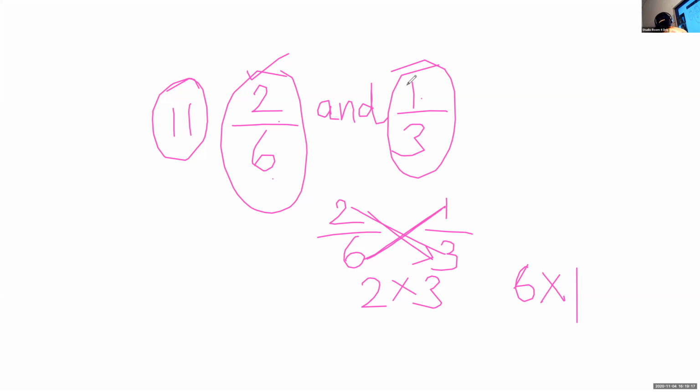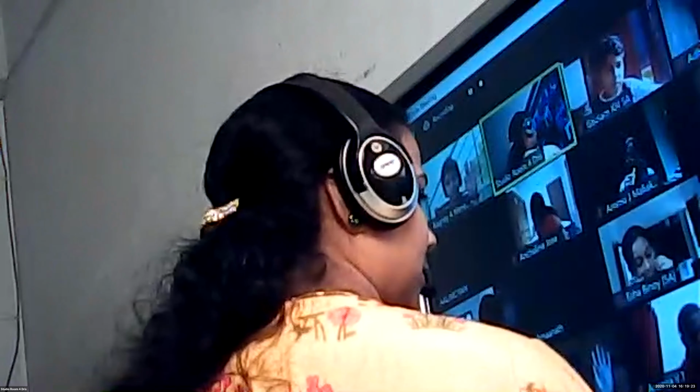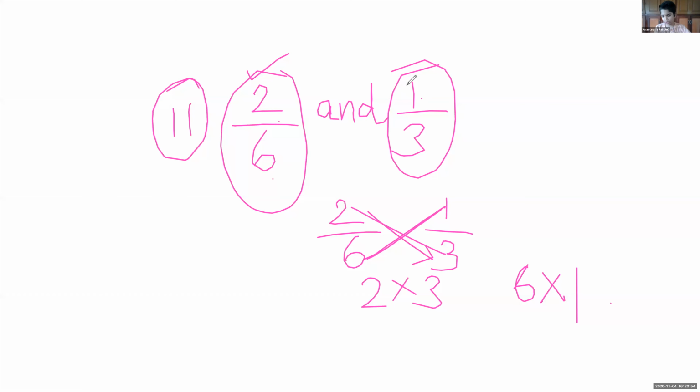Next one, Madhav. Ma'am, can you share the screen once more? I didn't hear. Ma'am, I have the 11th question. Ma'am, the cross multiplication should be 2 into 3. Read the question, 2 into 3.